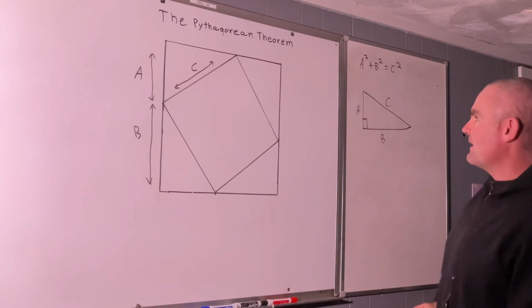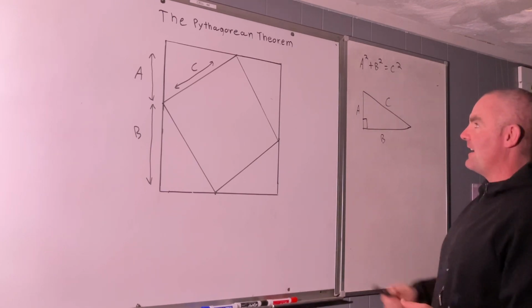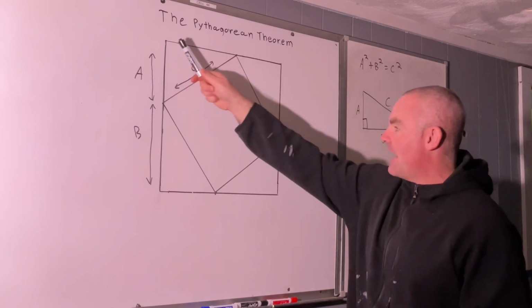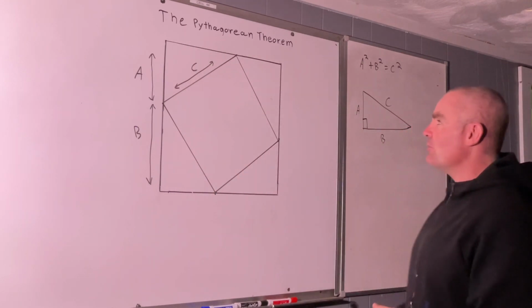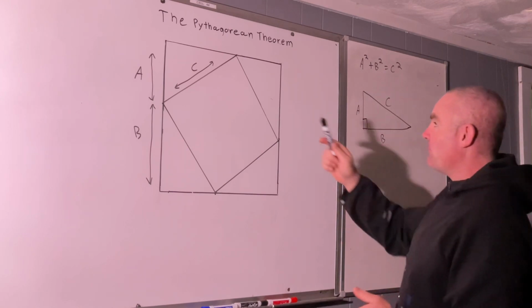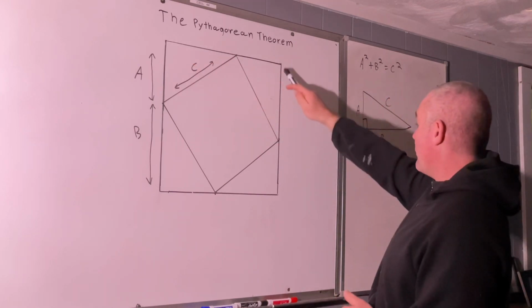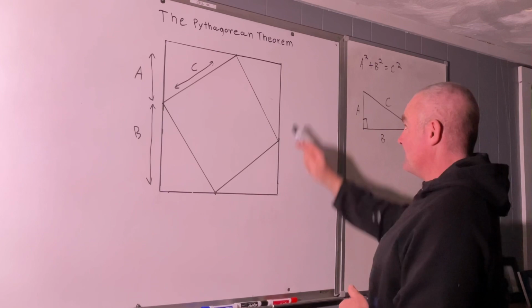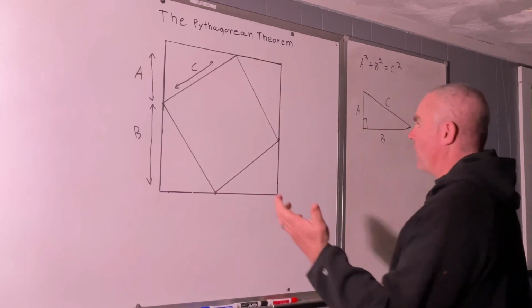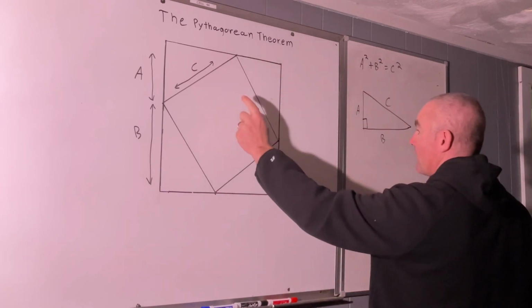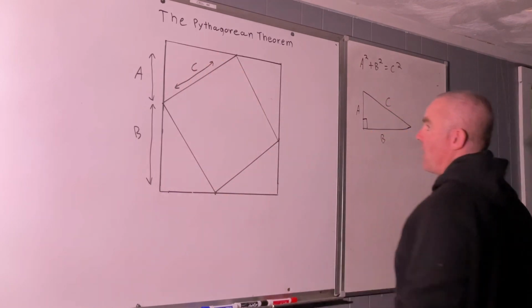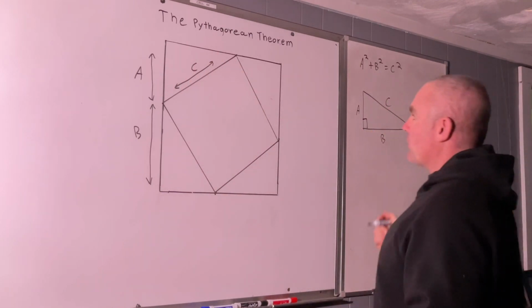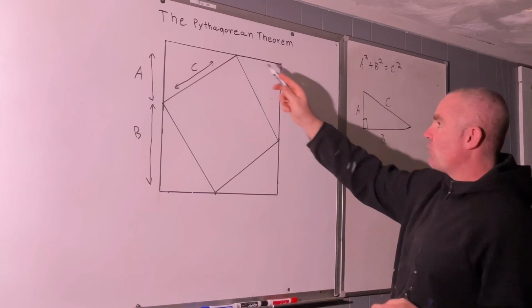So the first thing that we want to realize is that the area of this big square can be represented two different ways. We can simply square one of these sides to get the area of the big square, or we can add up the area of the little square plus the area of the four triangles. So let's express it as the square of a side.